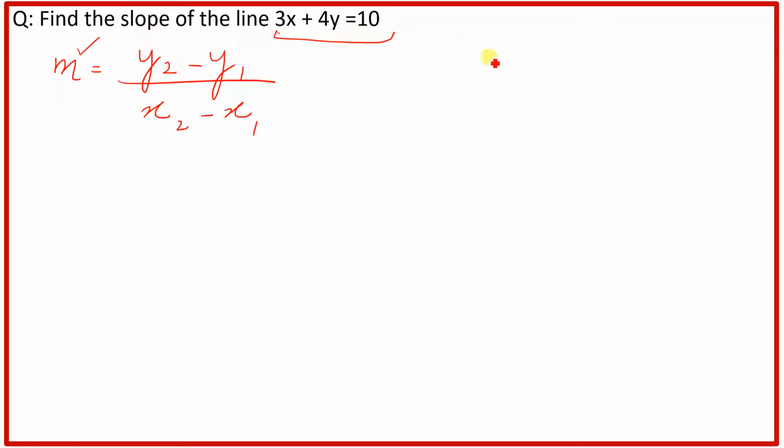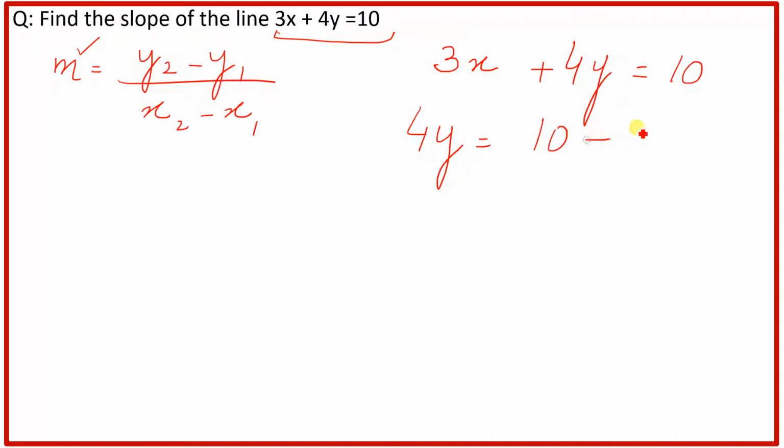But here I am going to show you the easiest way. This is the equation of the line, right? We solve the equation for y in terms of x. So if I say 4y is equal to 10 minus 3x, or we can write the same thing as 10 plus negative 3x, because there is no sign, it means positive.